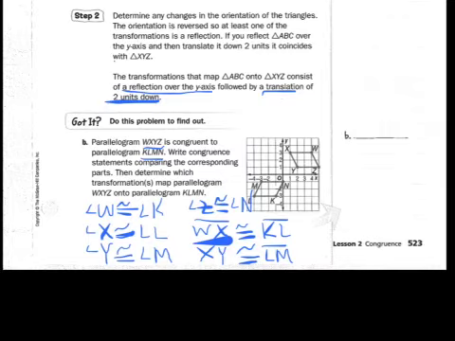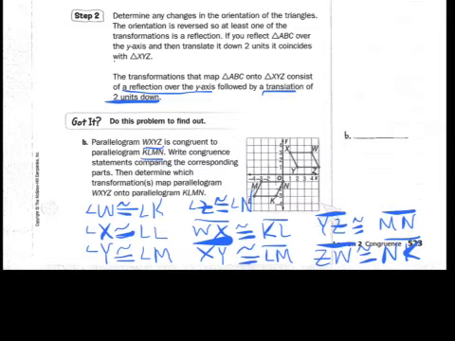And then I know YZ is congruent to MN. And then I know that that's only 3 sides. Remember, I've got 4 sides here. So the last thing I have to do is the last letter and the first letter. So I'm going to do ZW is congruent to NK.